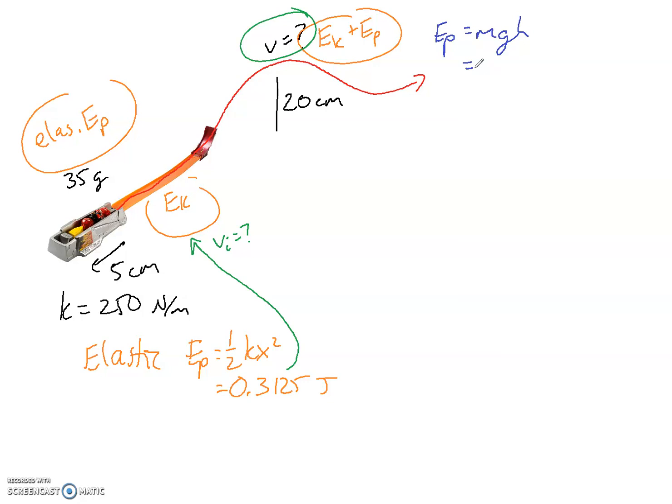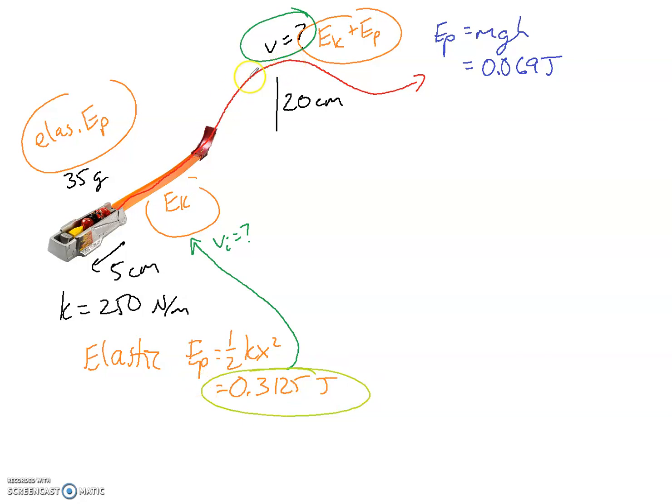I know gravity, of course, and I've got my height of 20 centimeters. We've got potential energy of 0.069 joules. All right. So I know my car came in with this much energy. That's my total energy it started with.